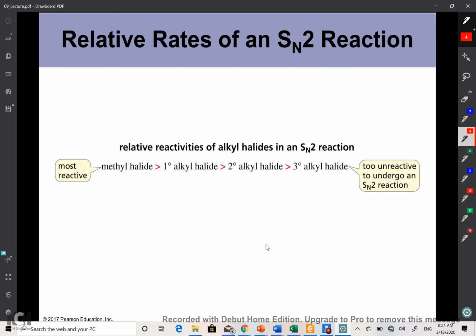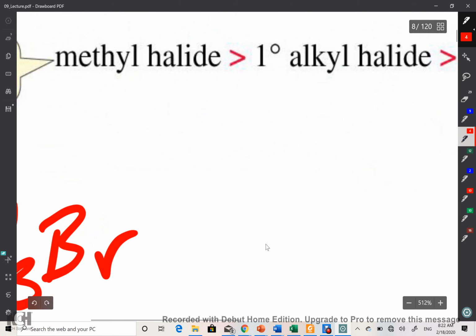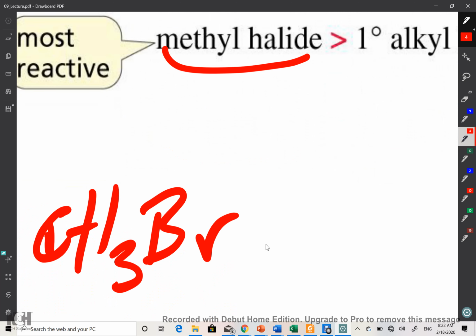For example, bromomethane reacts very fast following the SN2 mechanism. Does that make sense? That's what we refer to as a methyl halide. You might not be able to see it very well, so I will zoom in so that we can see. Methyl halides react very fast following the SN2 mechanism. This is an example of a methyl halide, CH3Br.